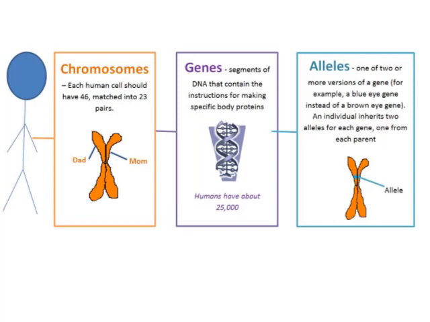The segments of DNA that contain the instructions for making specific body proteins are called genes. These are the segments of that DNA, the double helix that you normally see. These segments, shorter or larger, instruct the cell to make a protein.